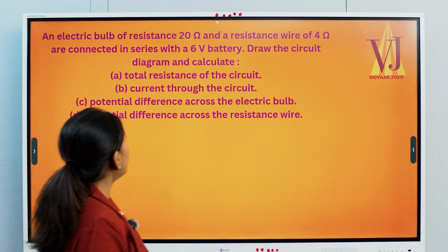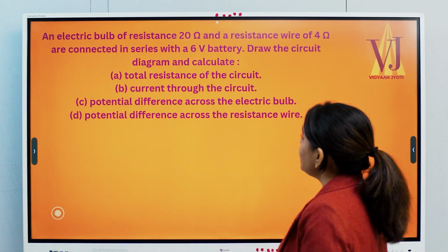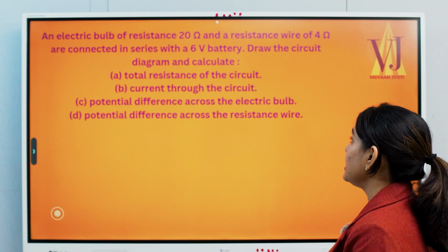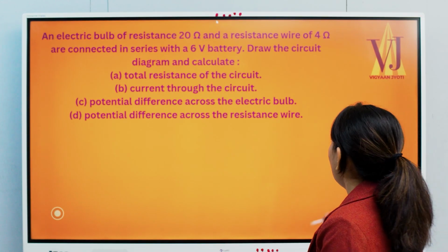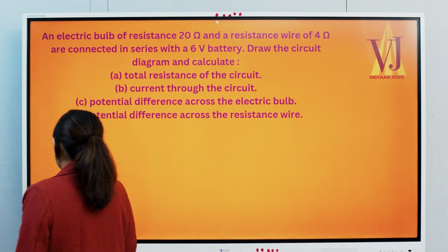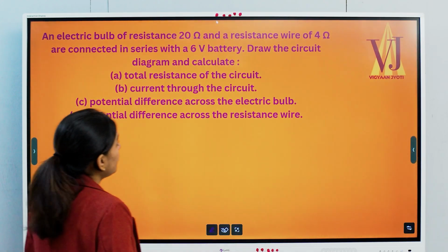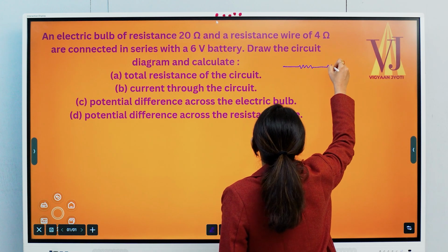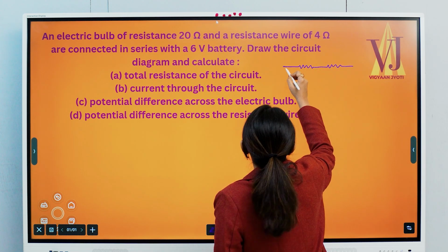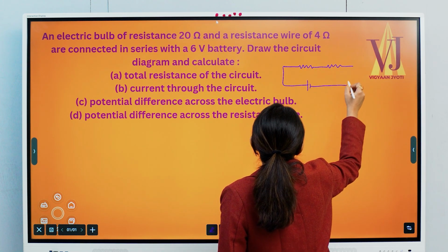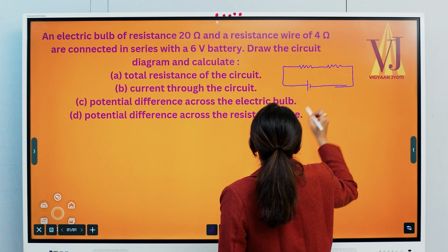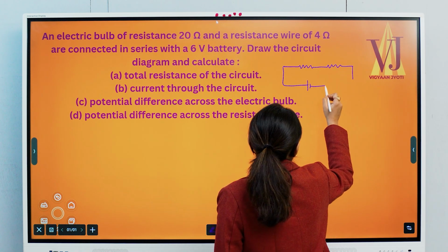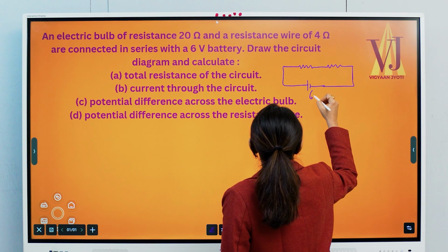An electric bulb of resistance 20 ohm and a resistance wire of 4 ohm are connected in series with a 6 volt battery. Okay. So if I have a resistance of 20 and this is 4, since they are connected in series, I can draw it like this, with a 6 volt battery.